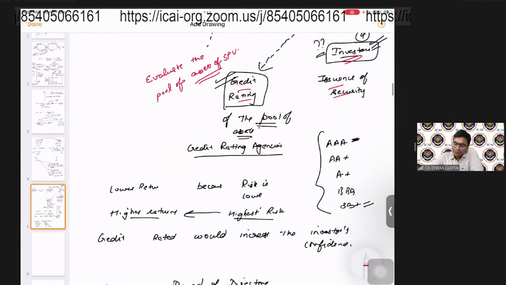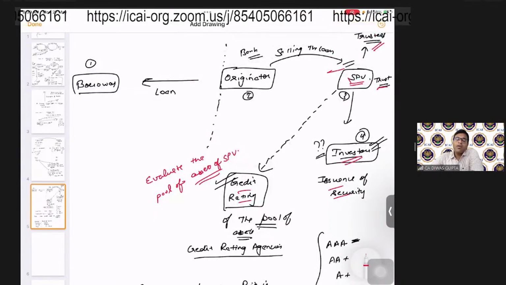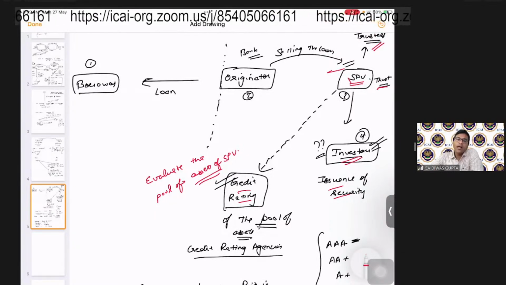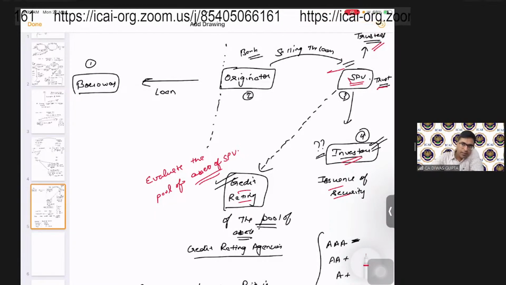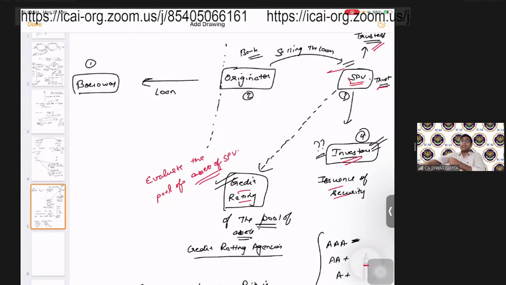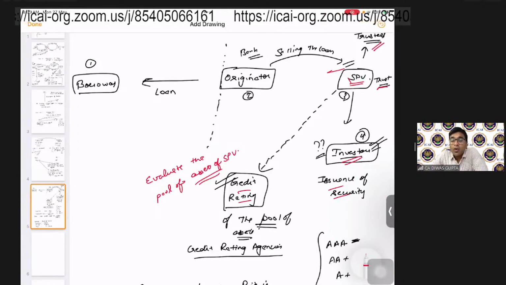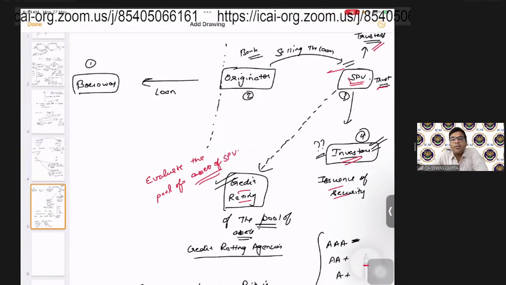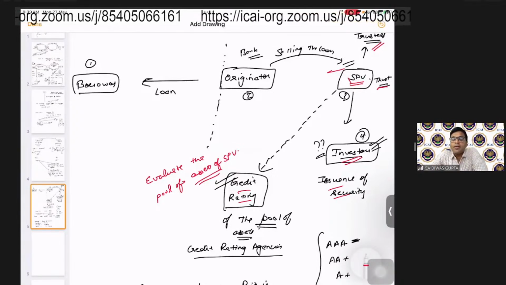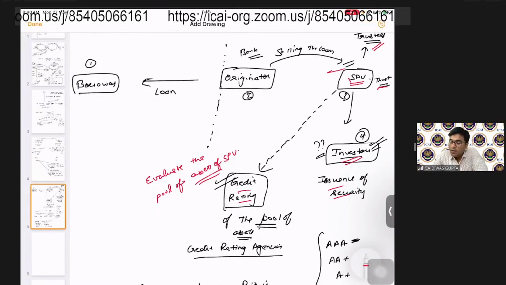Then, let's say credit rating agencies evaluate and conclude that the rating of these assets which the SPV is planning to invest in or has already invested in is really good. Okay, so they say the credit rating is very, very good. Then what is the SPV going to do?